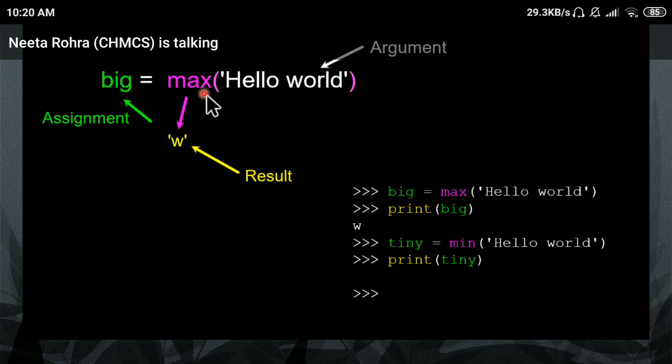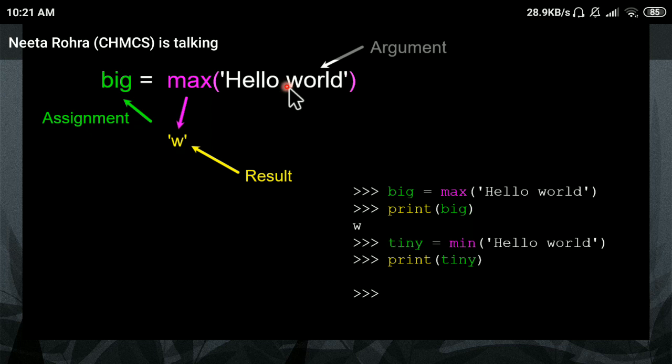Whatever this function has as the body somewhere, it goes to the body, executes the body, and returns some value. And that value, I'm storing in the variable called big over here. So check, this max function takes the arguments, they are passed to the function, and it gets executed.